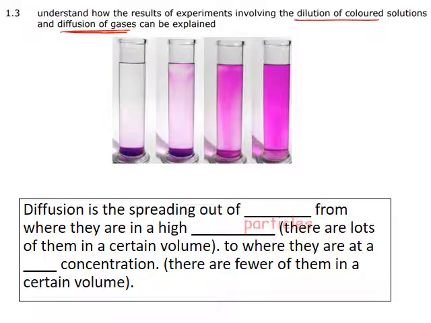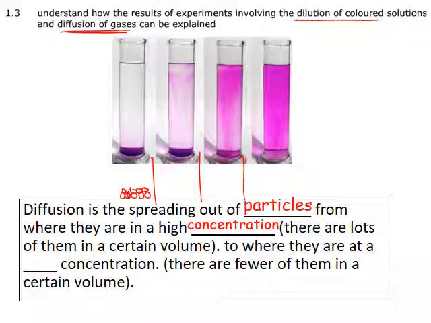Diffusion is the spreading out of particles from where they're in a high concentration, with lots of them in a certain volume, to where they are at a low concentration. I'll just draw the particle diagrams underneath. So diffusion is the natural spreading out of these particles.